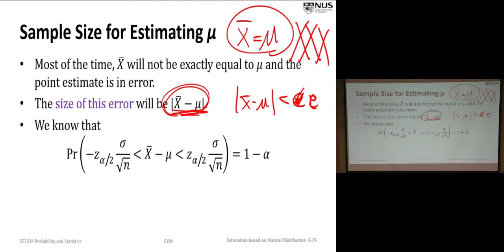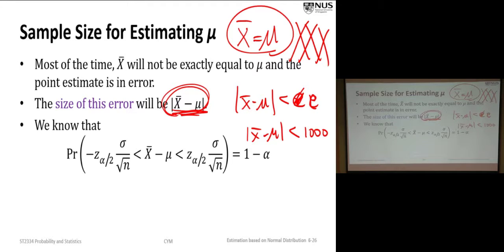But remember, x bar is a random variable. So even if I say x bar minus mu is less than 100 or 1,000, we don't expect that this is always true, because x bar is a random variable.